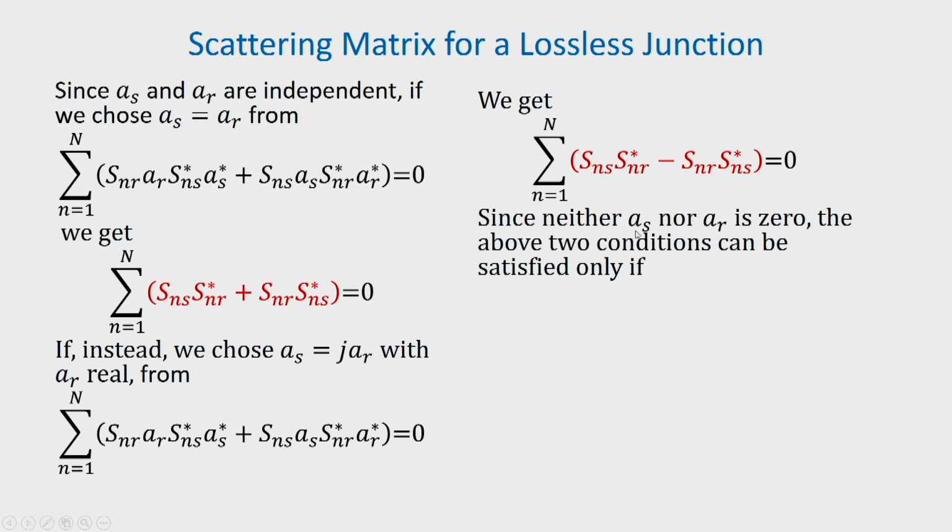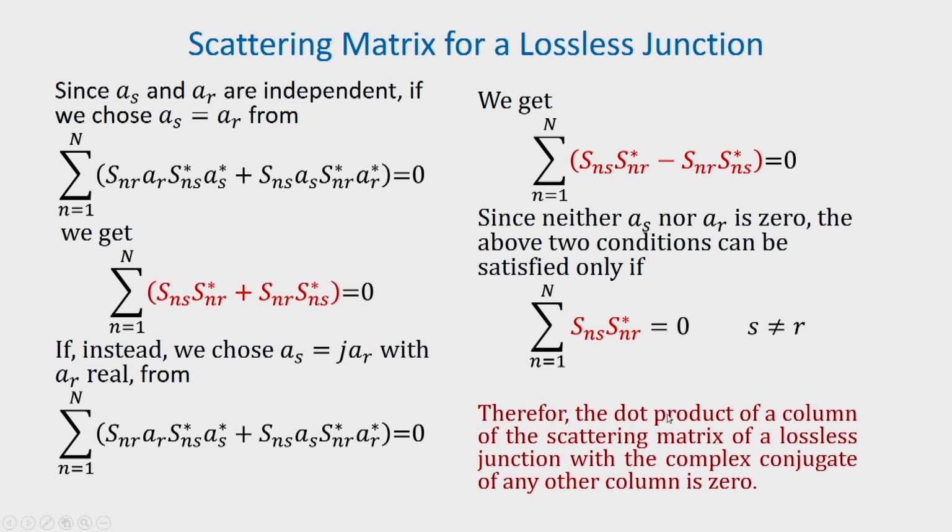Since neither A s nor A r is 0, the above two conditions can be satisfied only if summation of S n s S n r conjugate is equal to 0 for s not equal to r. So this can be put in this form.